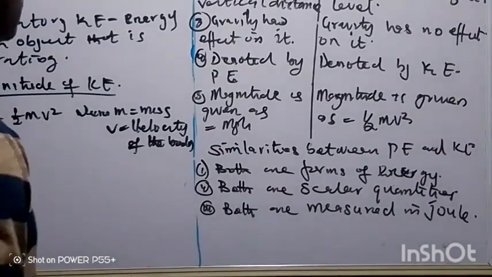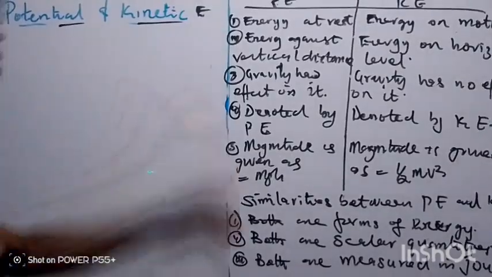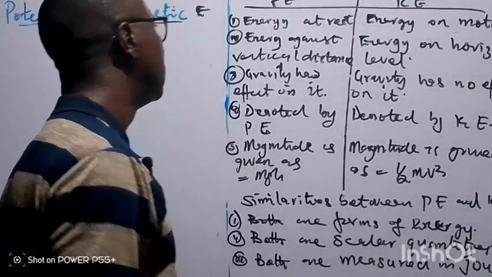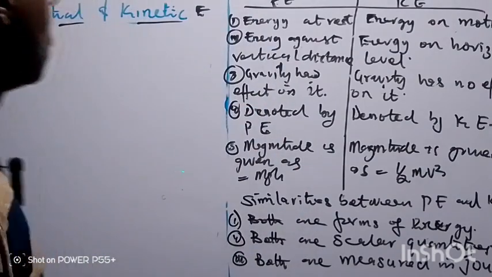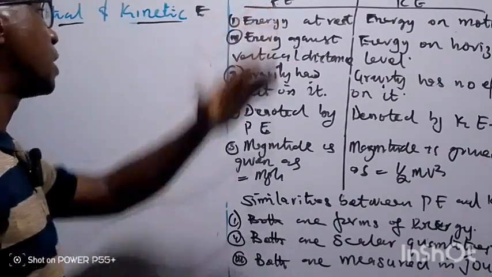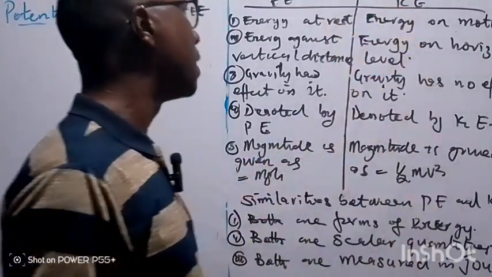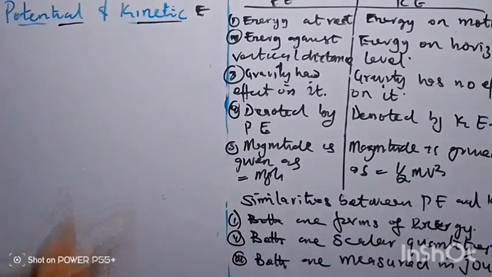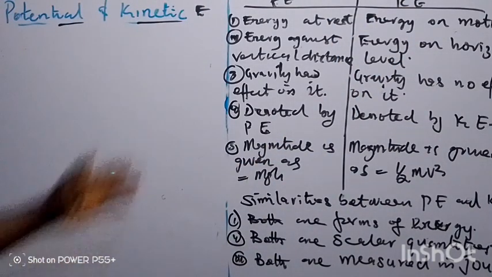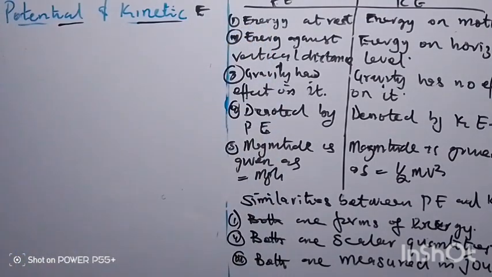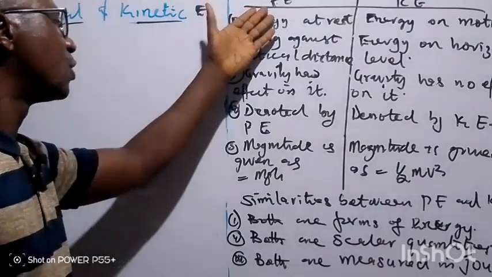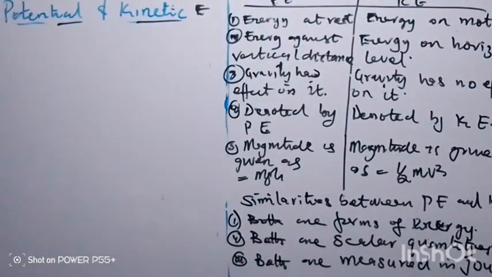The next thing is, the question can ask you to state examples of potential energy and to state examples of kinetic energy. That one is very simple. When it is potential energy, just put it in mind, anything at rest is a typical example of potential energy. A body at rest, a vehicle at rest, a stone at rest.